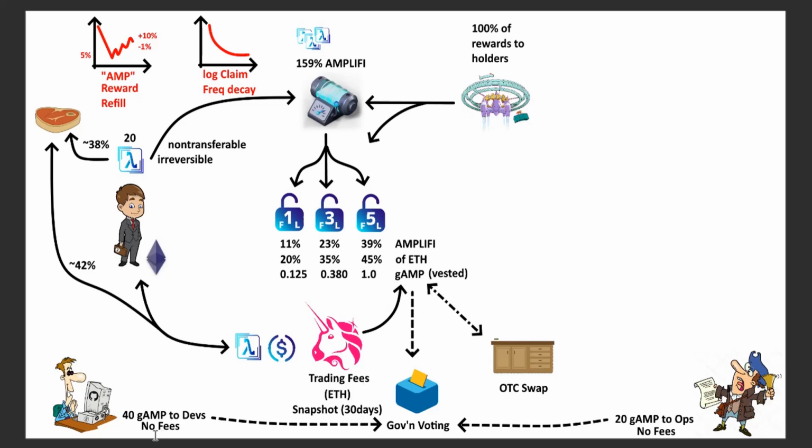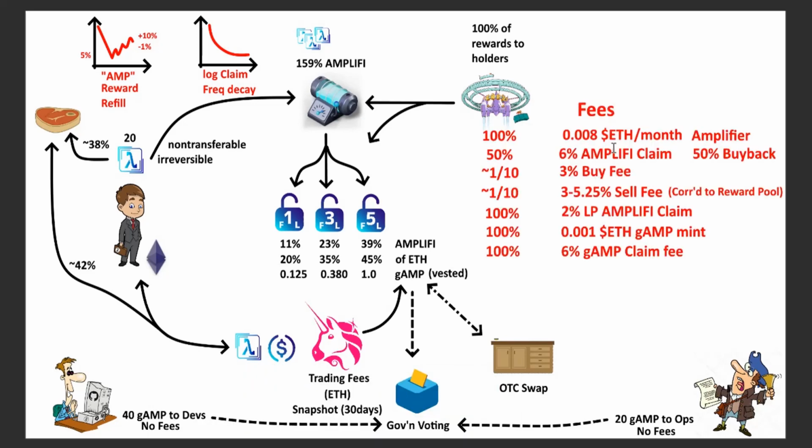They don't get any dividend, so to speak. They just get voting rights. Now the idea here is that the team and the ops team who care about this project can have a pretty substantial voice in the voting and the development of this project, so they can steer it so it doesn't go off the rails, so to speak, by some bad actor.